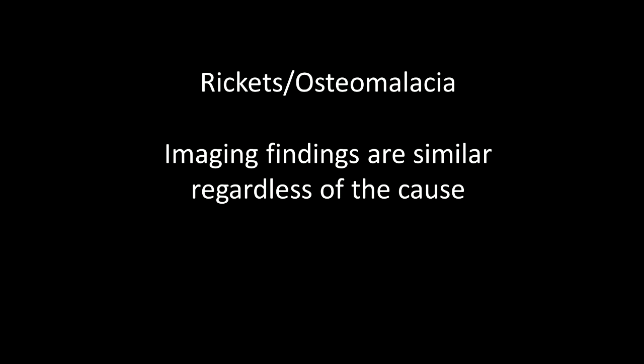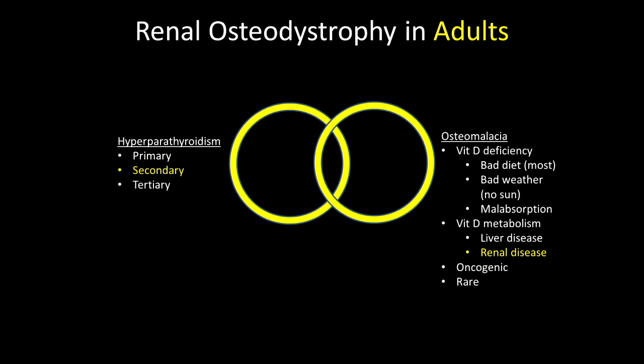Although the causes for these conditions are many, once you learn the radiographic findings, these will be typically, not always, but typically be present in all cases regardless of their underlying cause. This in adults shows what I'm talking about. So for hyperparathyroidism, renal osteodystrophy is caused by secondary hyperparathyroidism.